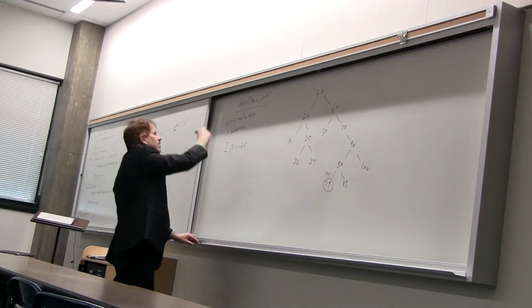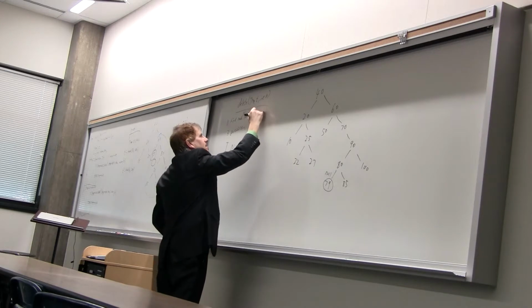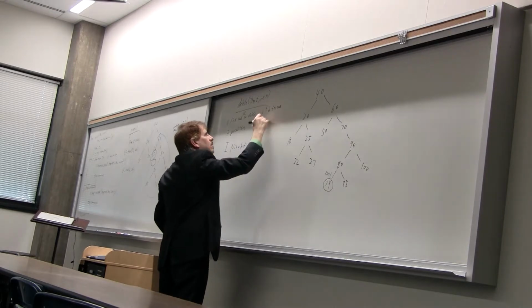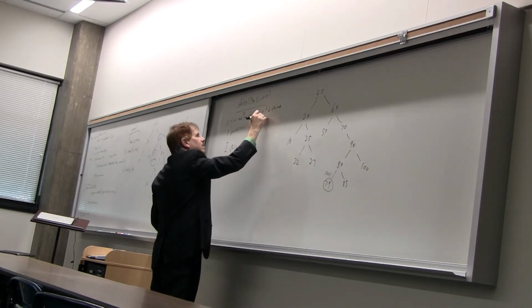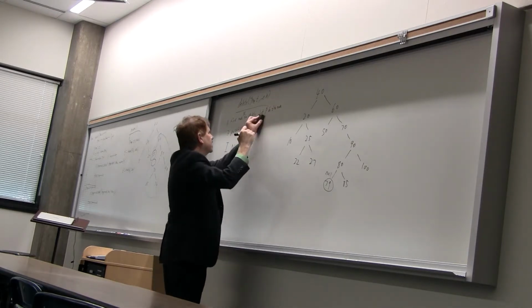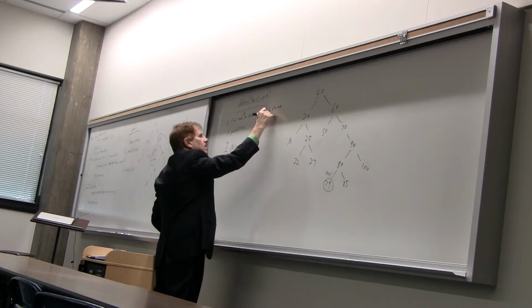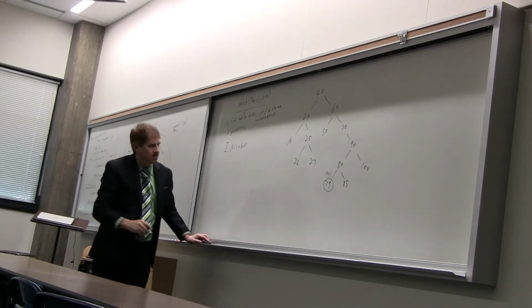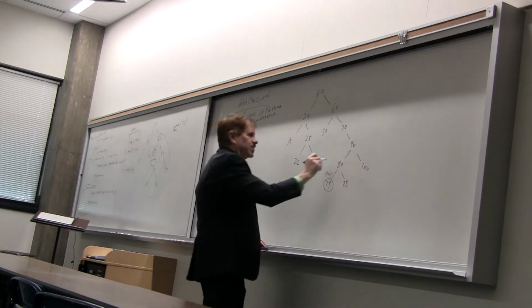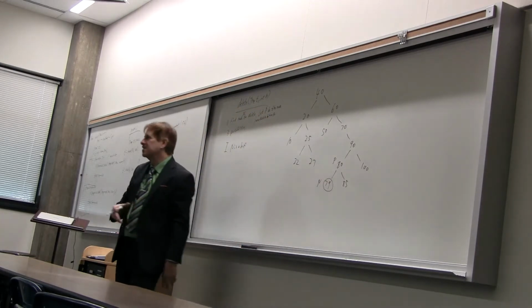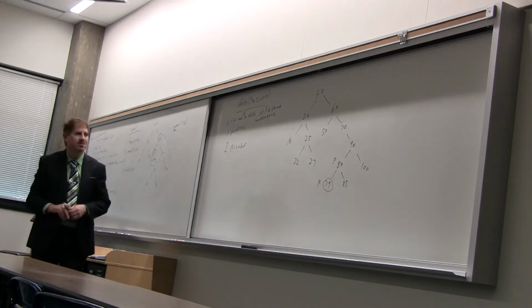All right, so find node n to delete. Let P be the node right before n, immediately before n. So we're coming through, this is P, this is n. And we find that n's data value matches the thing we're trying to delete.